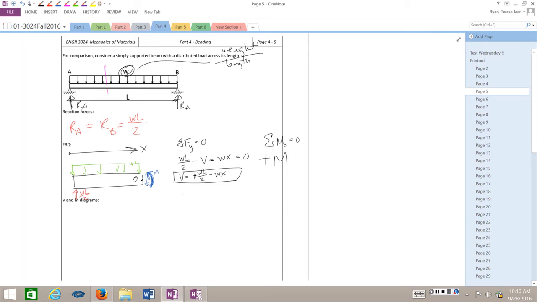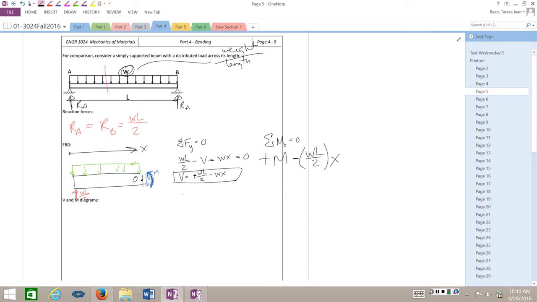is going to go the other way with what moment on? That's X. So we got a minus WL/2 times our distance X. And then we have to contend with that pesky green distributed load again.